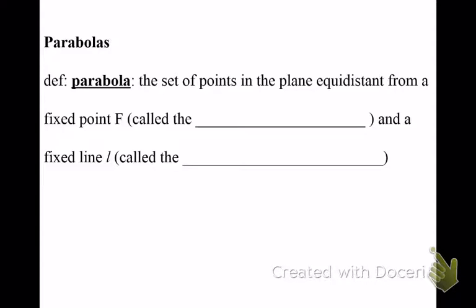So a parabola. Definition: a parabola is a set of points in a plane equidistant from a fixed point F, called the focus, and a fixed line L called the directrix.